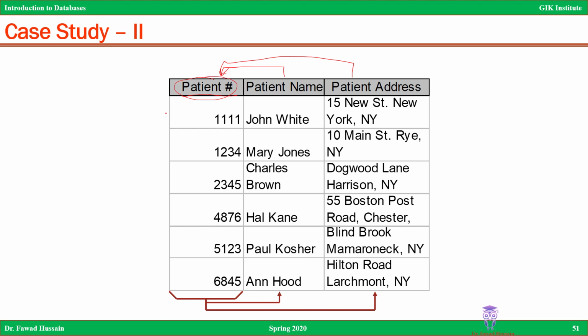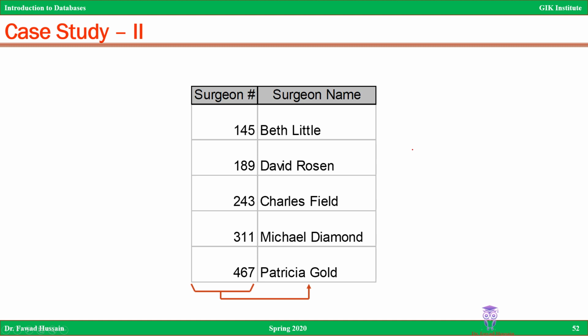So there cannot be an issue with a partial dependency. So this is automatically in 3NF. There is no issue here. This also has a single primary key, so it is automatically in 2NF.